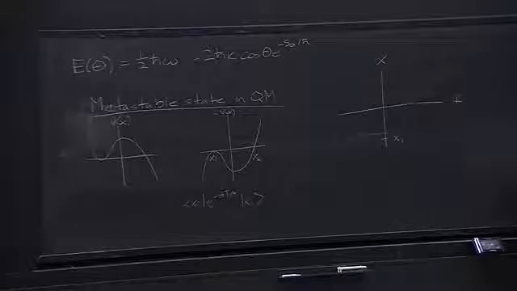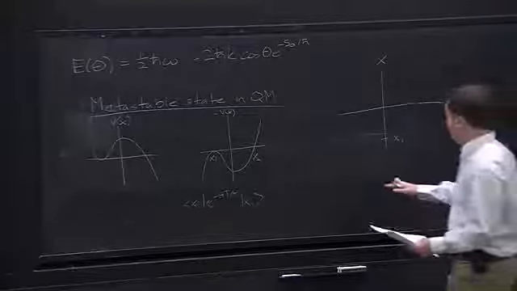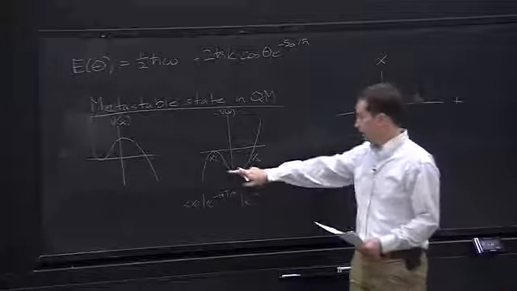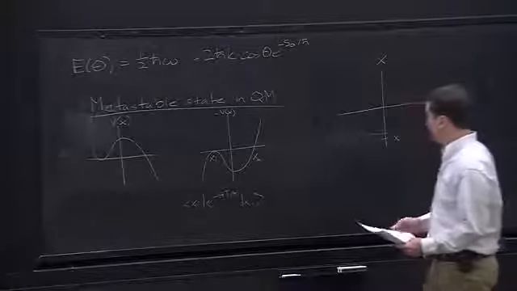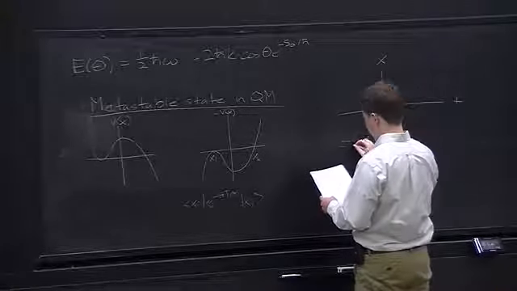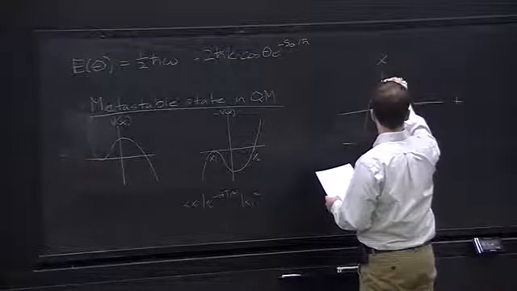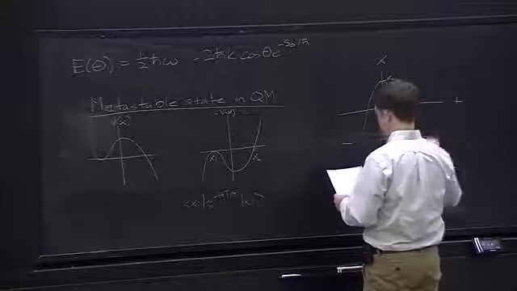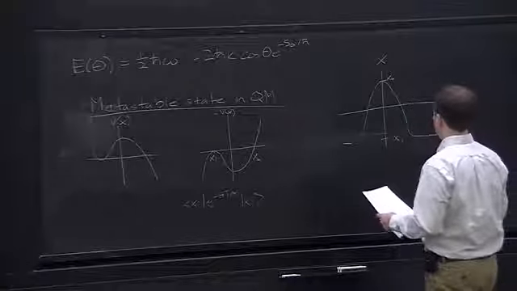Okay, so we want to find a solution that starts at xi and ends at xi, and there's a zero energy solution, which just goes to x star and bounces back.